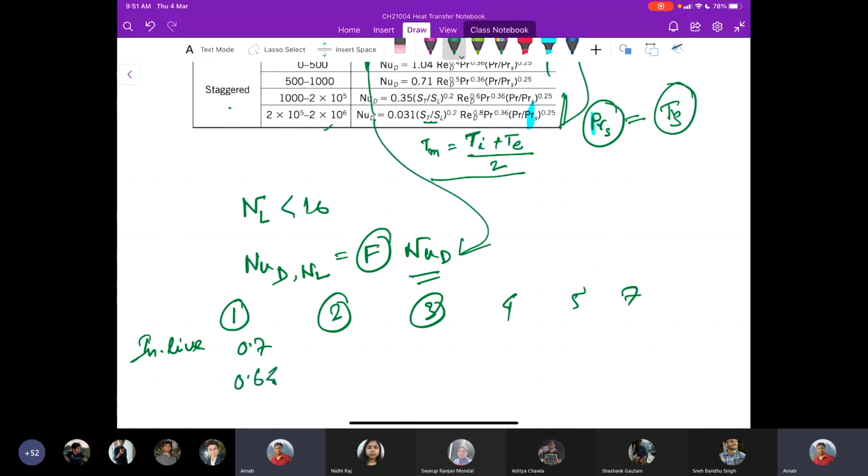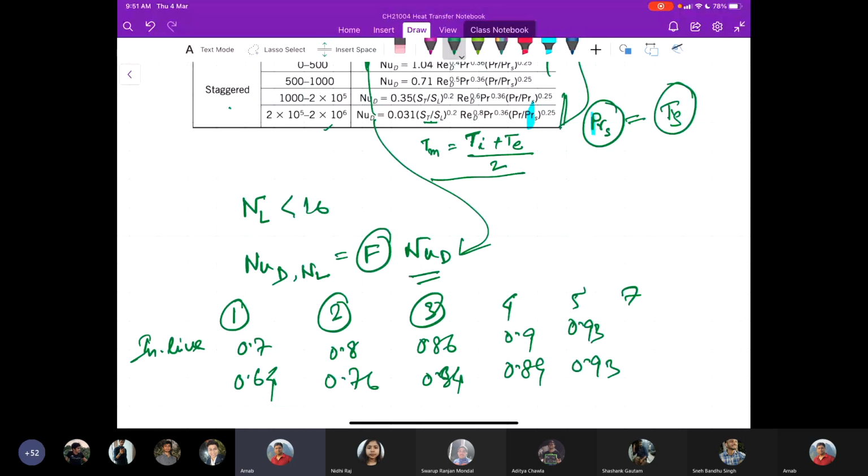For the staggered, it is 0.64, 0.8, 0.76. So the point is that we have certain relations, and even corrections of existing relations, that have been provided by several scientists. These are the typical values.